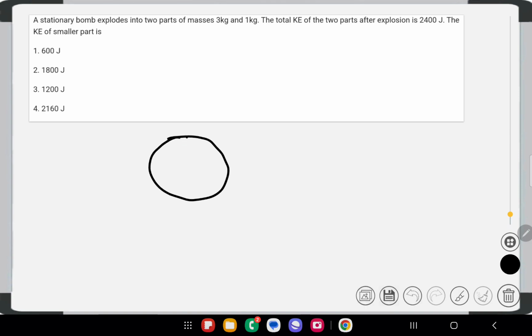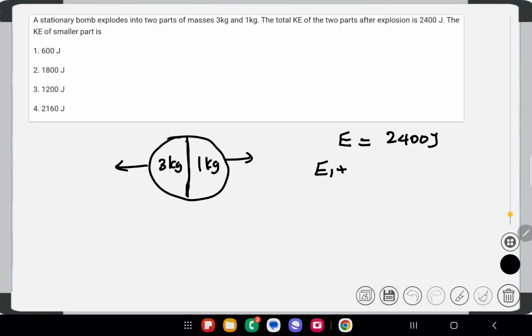A stationary body is exploded into two parts having masses 1 kg and 3 kg and they move in opposite directions. It is given that the total kinetic energy, the sum of the kinetic energies of both parts, is 2400 joule.